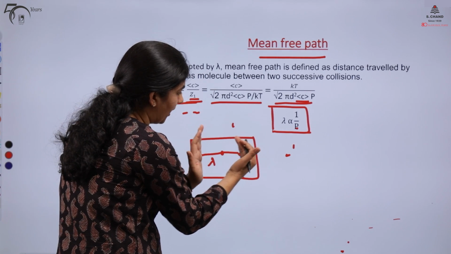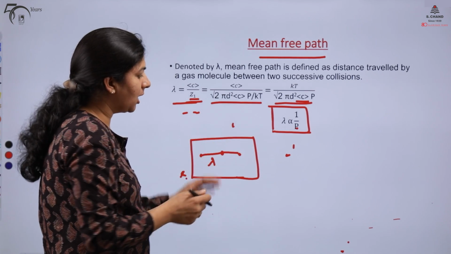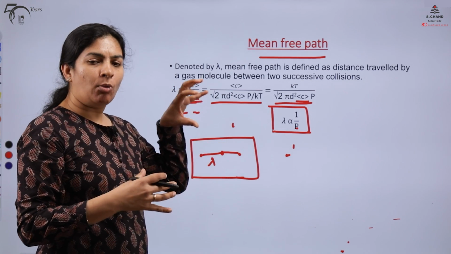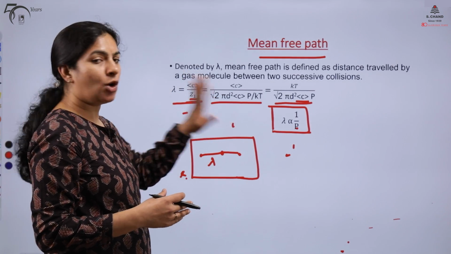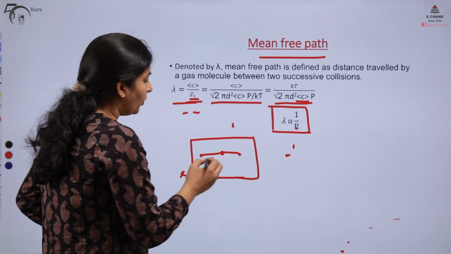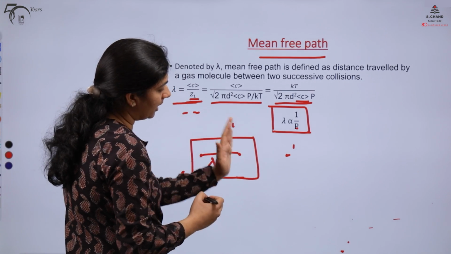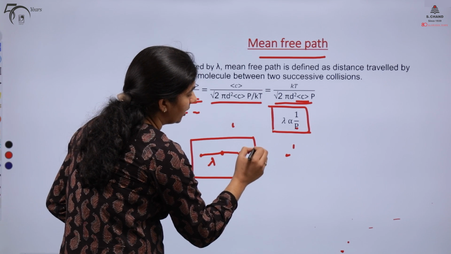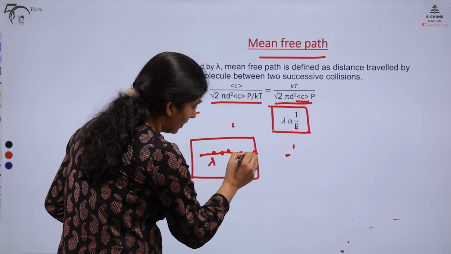The volume would squeeze and the mean free path will be lesser. That means molecules will have to travel a lesser distance to undergo the next collision. So, the molecules will suffer many collisions before reaching the wall, because lambda is small.